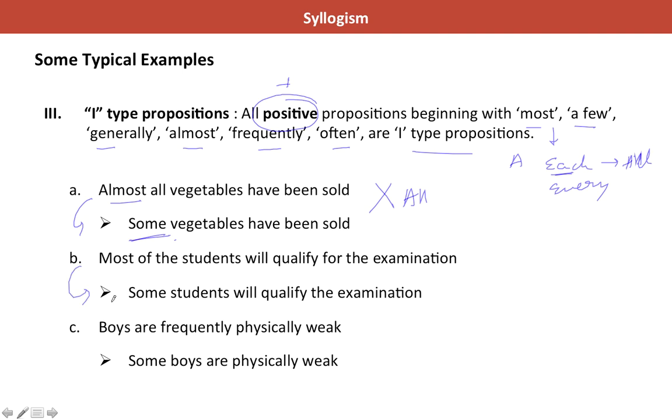What is the conclusion? I can only say that some students will qualify. I cannot say that all students will qualify. All would have been there if, instead of most, I had mentioned each. Each of the students will qualify the examination, which then becomes an A-type proposition. Then the third one, boys are frequently physically weak. So it means that some boys are physically weak, not all of them.